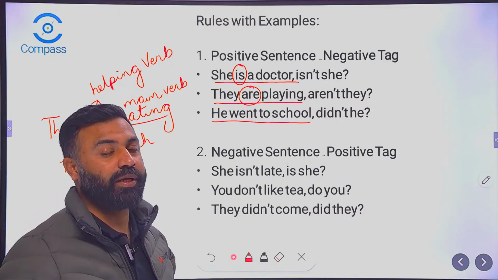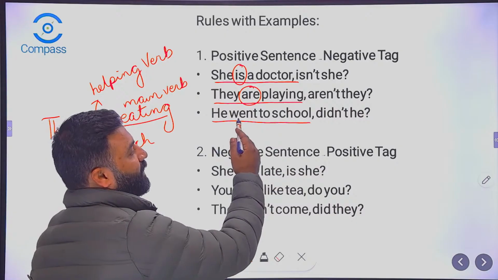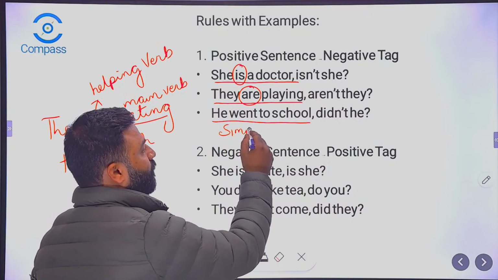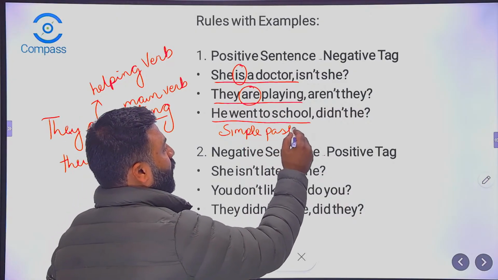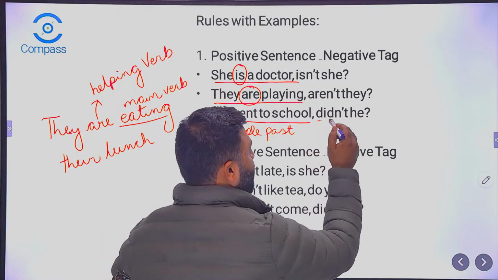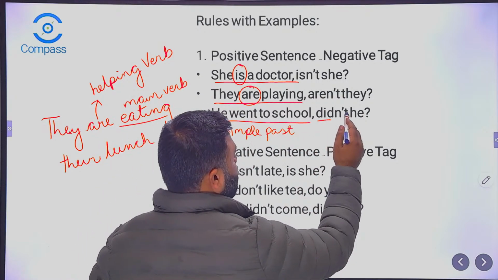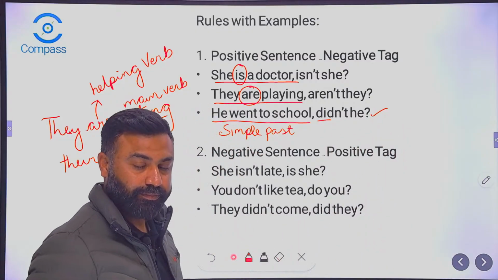And did comes with simple past tense. So he went to school, that is simple past. We have used did, and to make it negative, not: didn't he. So that's the right answer here.